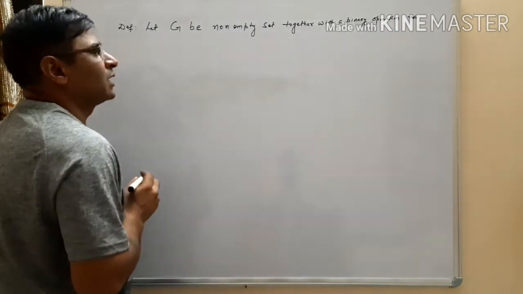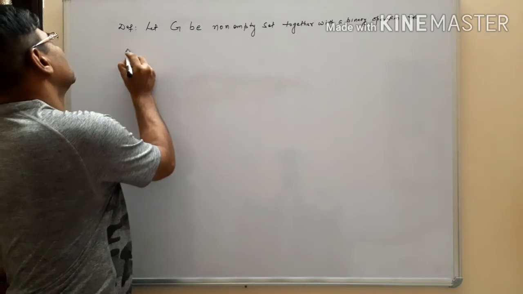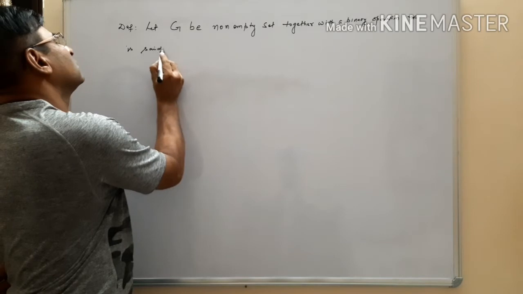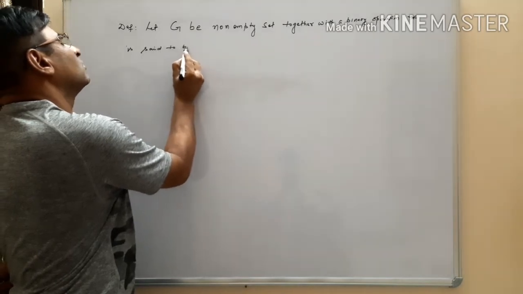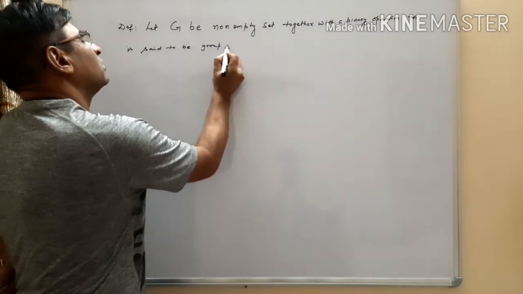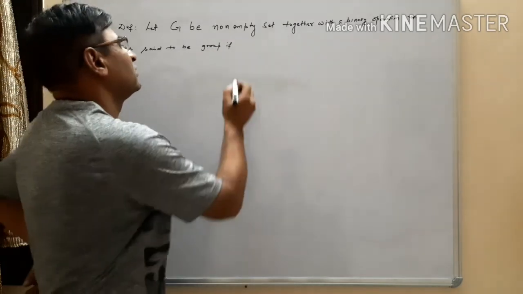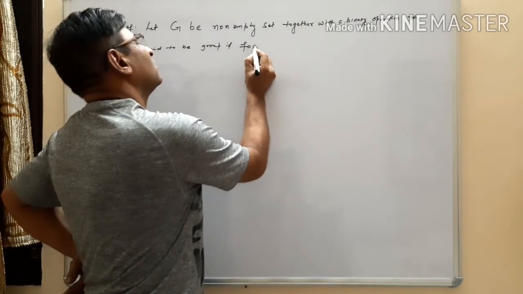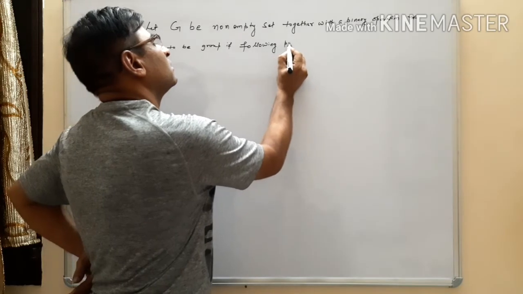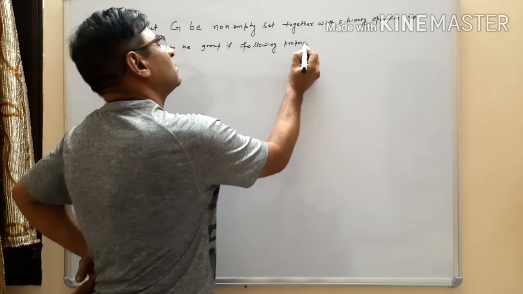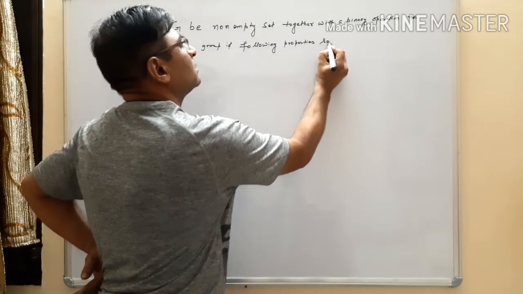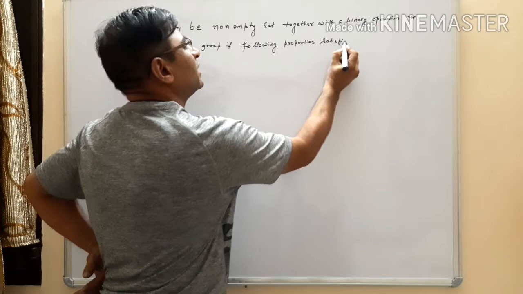Binary operation star is said to be a group if the following properties are satisfied.